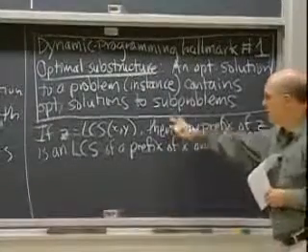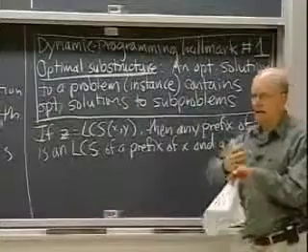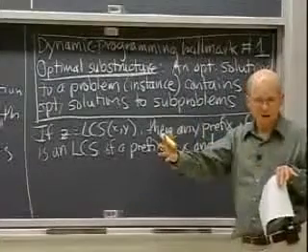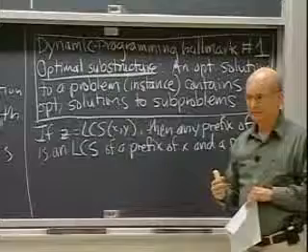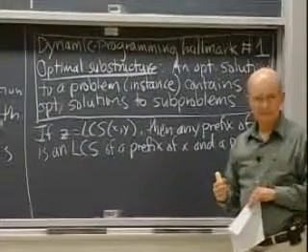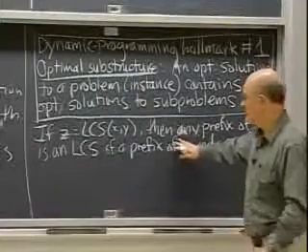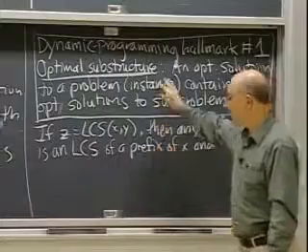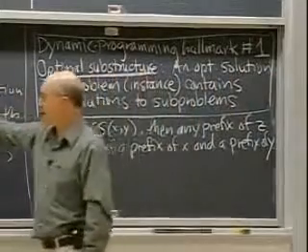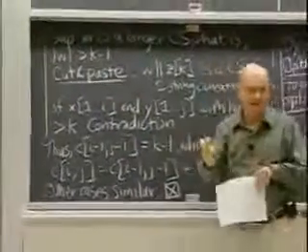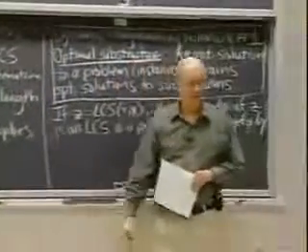So this is basically what it says. I look at the problem and I can see that there is optimal substructure going on. In this case, the idea is that almost always there's a cut and paste argument you can do to demonstrate that.